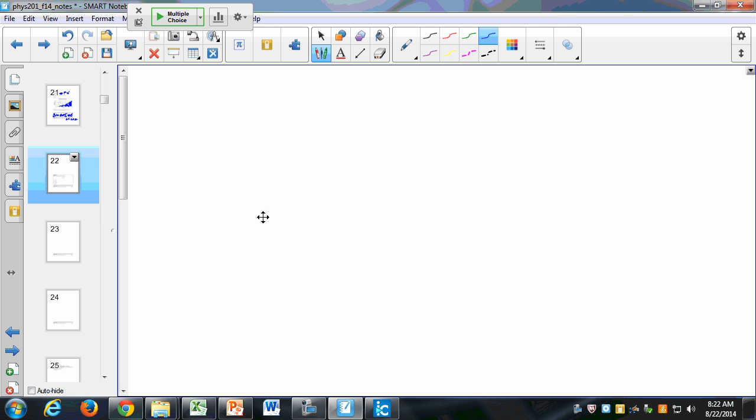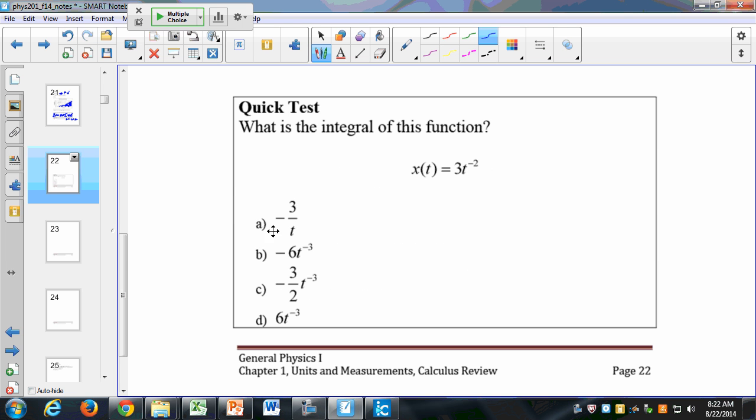All right, let's do a clicker question. What is the integral of this function? I think we'll probably wrap up here. That's the end of chapter 1.